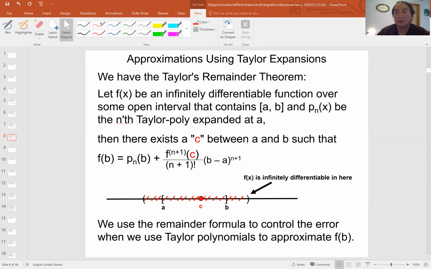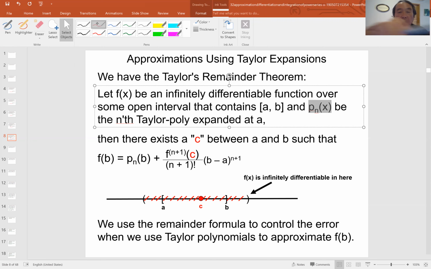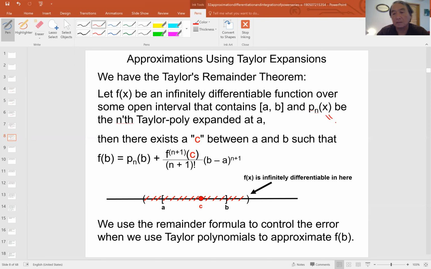One more time, this P_n(x) itself is given by the formula: the sum, k equal to 0 to n, of the kth derivative of the function f divided by k factorial, times (x minus a) to the kth power.